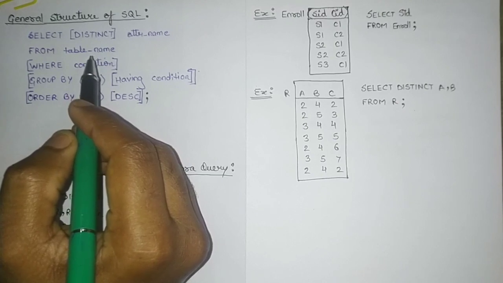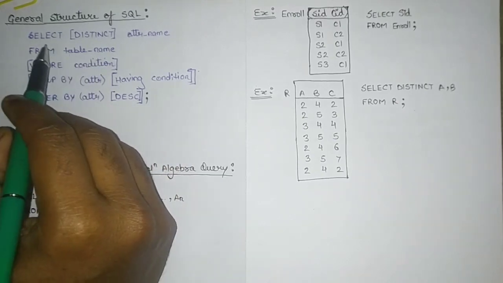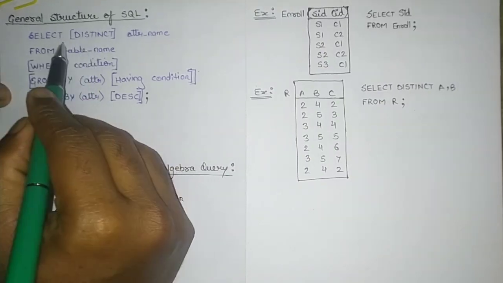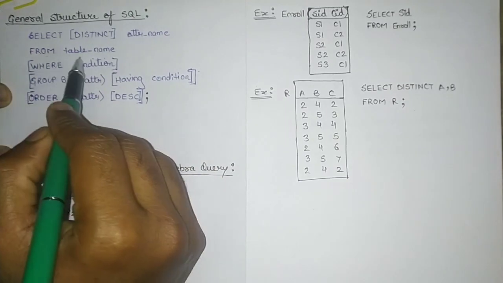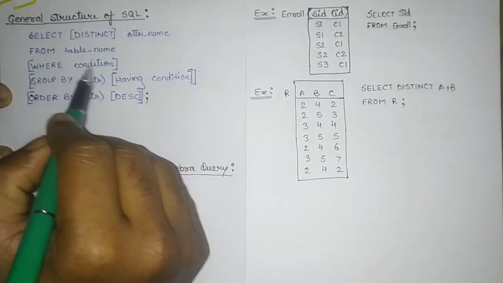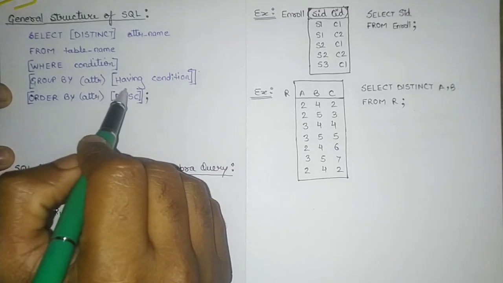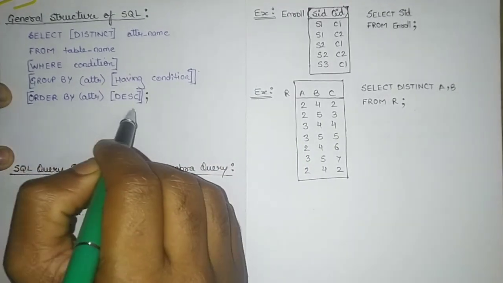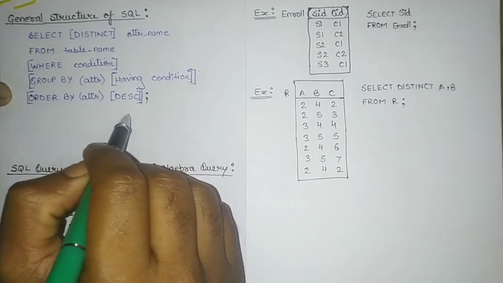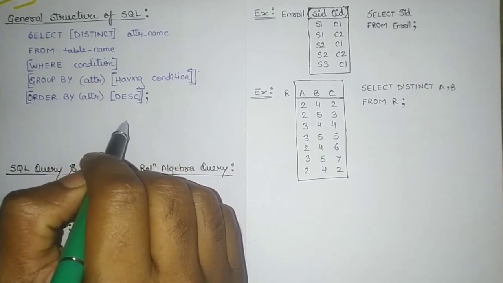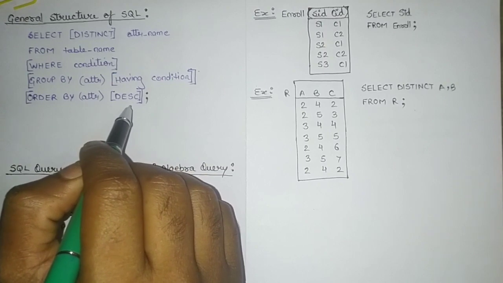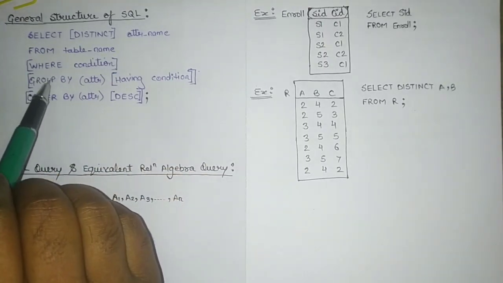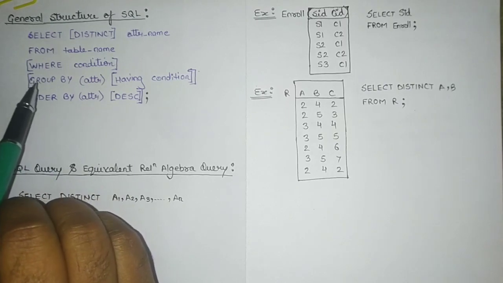The syntax should be like this: select, where distinct is optional, select attribute name from the particular table, where condition, group by some attribute having some specific condition, order by some attribute, and here it will be either ascending or descending. By default it is ascending, but if you specifically want descending order, then you write descending. We'll be discussing all these clauses in detail.